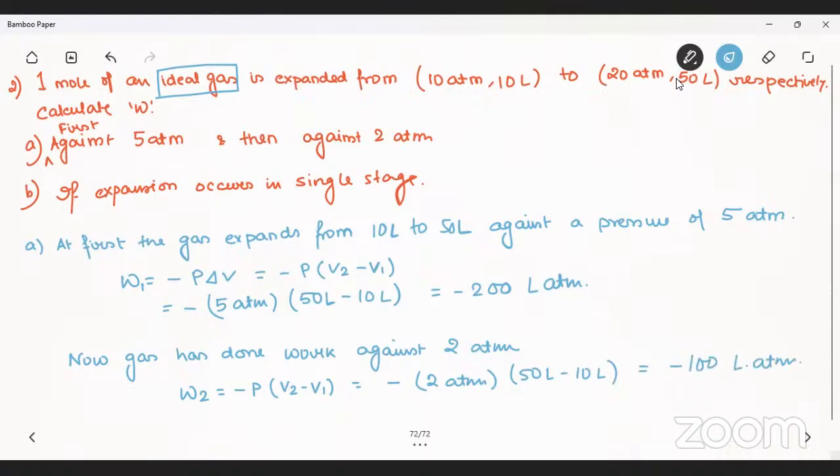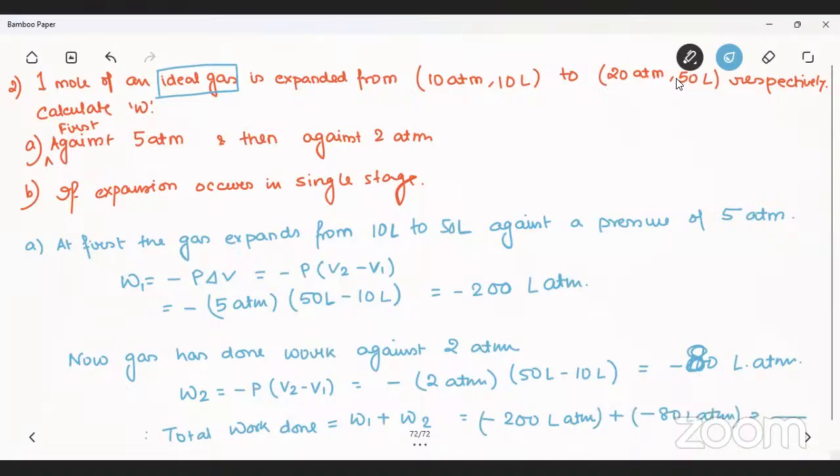Okay. So what is the total work done? Total work done is W1 plus W2, minus 200 liter atm plus minus 80 liter atm.